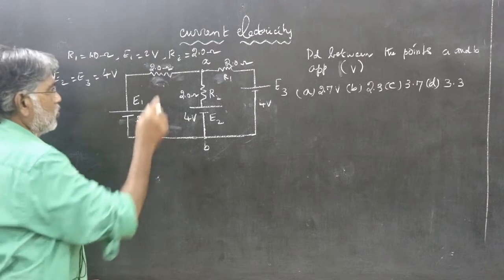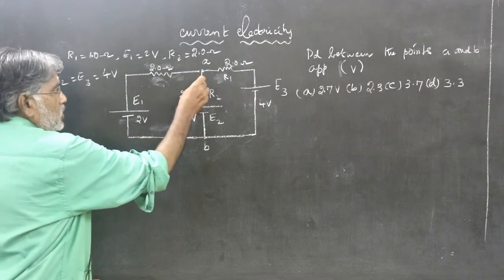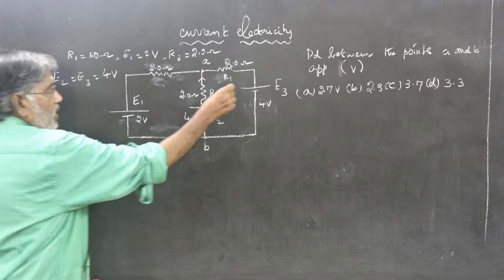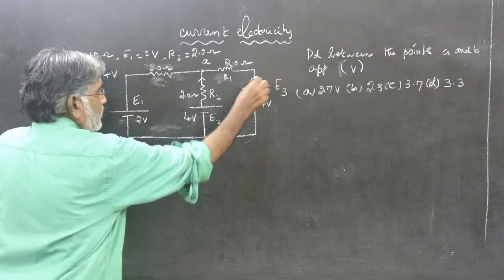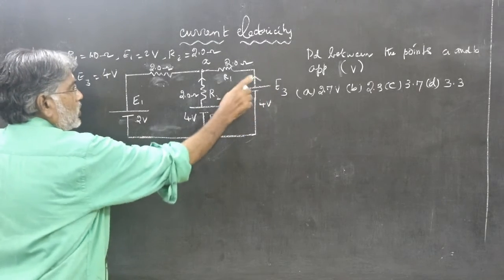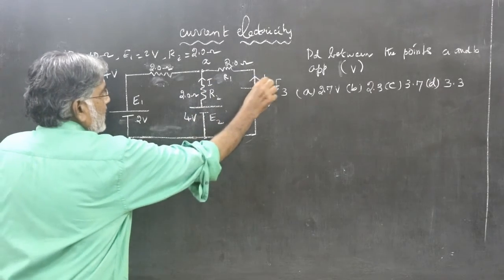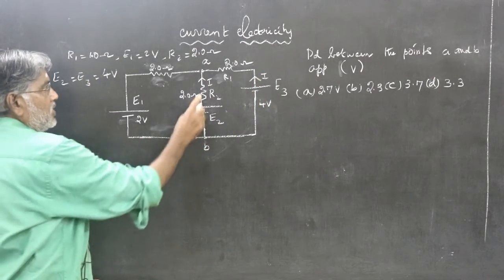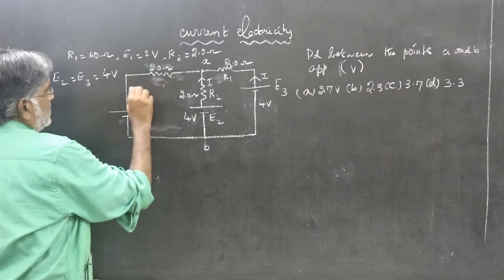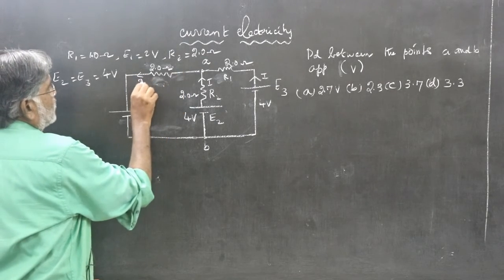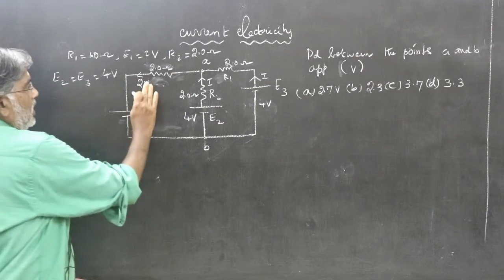So there is no reason why current flowing in this branch should differ from the current in this branch, because 4 volt 2 ohm, 4 volt 2 ohm. So you take the current here as I, current here as also I. These two currents will combine here, then the current flowing through this way will be 2I.